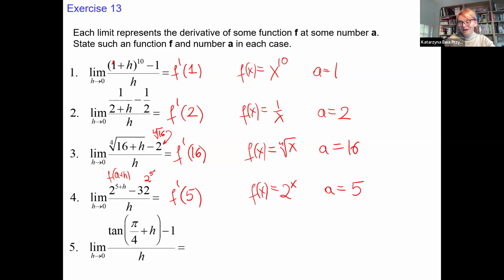It's okay. And the last one, please tell me the last one, and we will be done with this section. What is the function and what is the number a that we're looking at the derivative? Everybody is helping me.